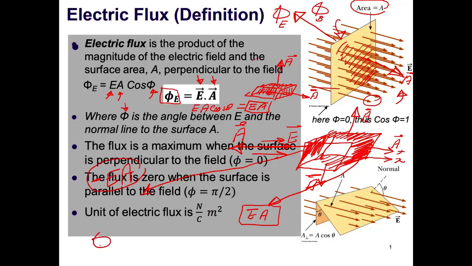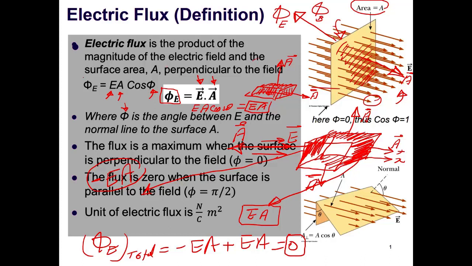The total is minus EA plus EA, which equals 0. We're a little surprised by this result, but when we talk about Gauss's law, it will be very obvious why the flux is 0. Positive and negative flux have some meaning, so we will talk about these cases.